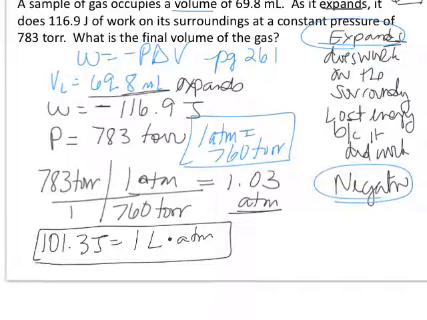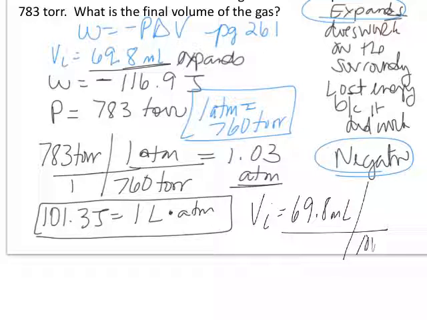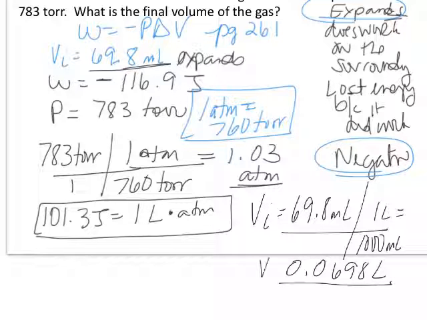So we got V initial, our initial volume, 69.8 milliliters, with 1,000 milliliters in 1 liter. So that works out to be 0.0698 liters. And that's your initial volume.